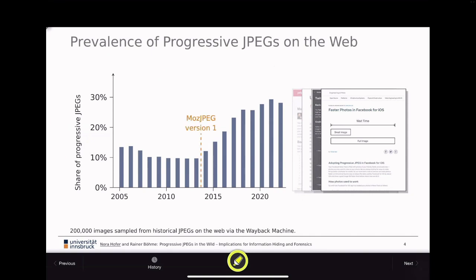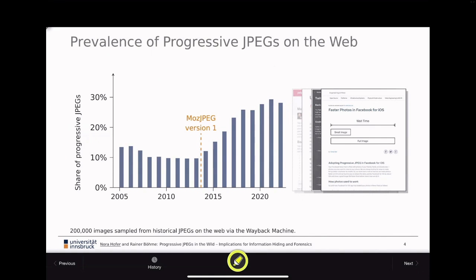And this is also the year when MozJPEG was introduced. So MozJPEG is an open source JPEG compression library, which is designed for web publishers. It tries to increase the user experience by decreasing web page loading times.